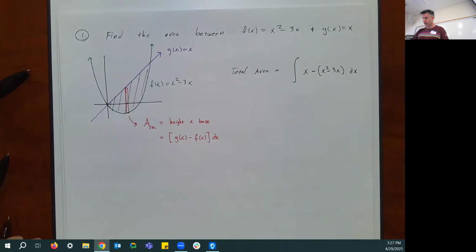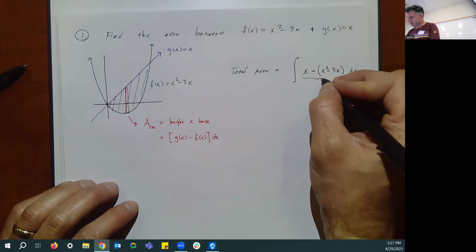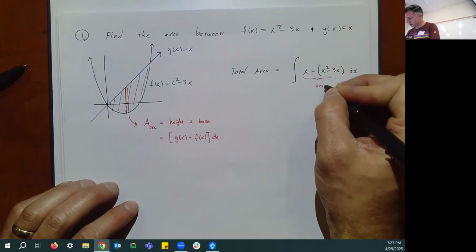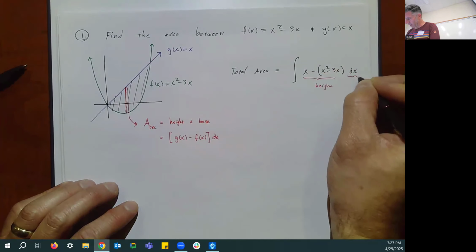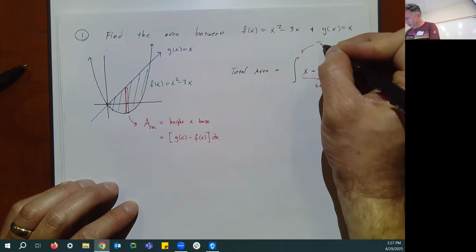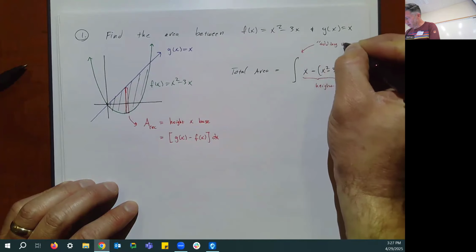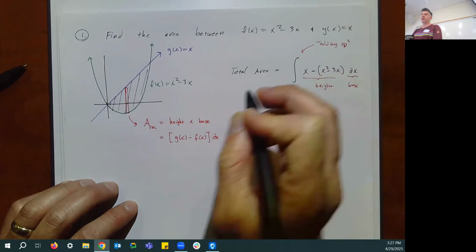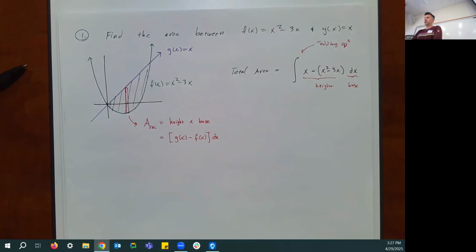So again, I'll just point out, there's your height, there's your base, and here we are adding up all the rectangles' areas to get the total area.